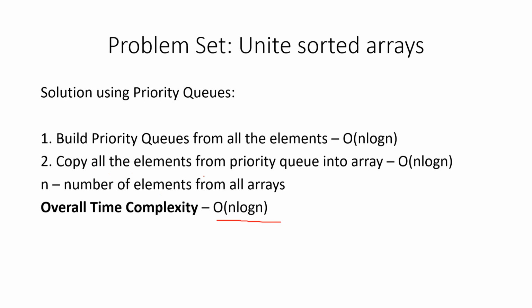Copying all the elements from the priority queue into the array also takes n log n time complexity, because we take the element with the minimum value from the binary heap, and then we need to remove it, and the deletion takes log n time complexity. Again, we have n elements, and each deletion takes log n, so overall it's n log n time complexity.